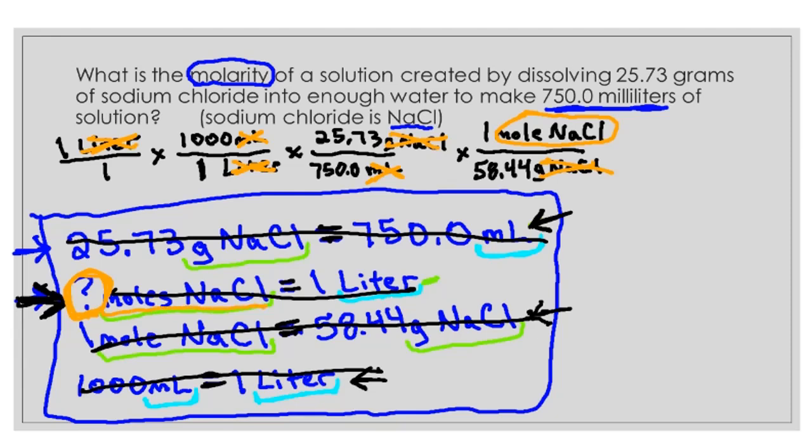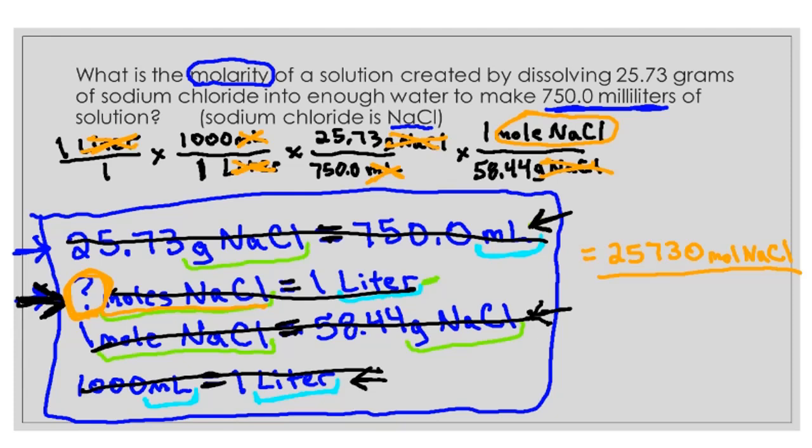So now we can get our calculators out and we can just multiply across. So we're going to go 1 times 1,000 times 25.73 times 1, and that's going to equal 25,730 moles of sodium chloride over, and we'll multiply across on the bottom.